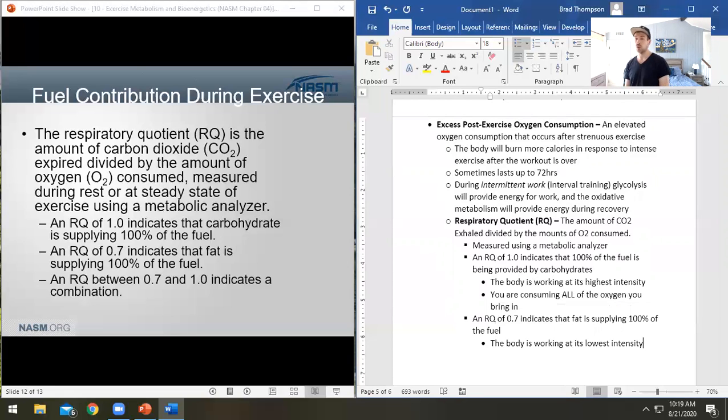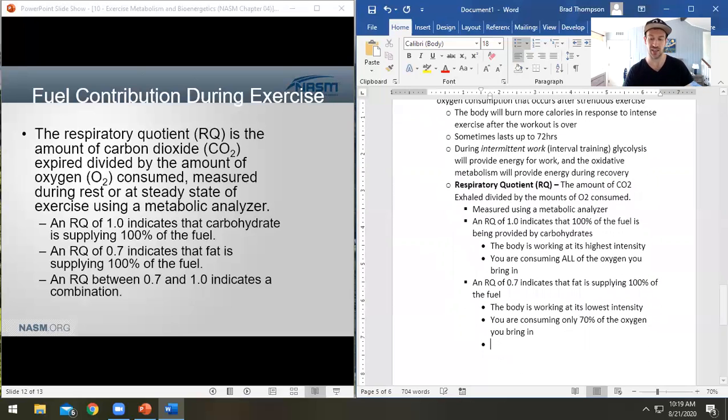So an RQ of 0.7, if you're doing 100% fat, just like Raul, you nailed it earlier, you are sleeping. That's your lowest intensity. So you are consuming only 0.7 or 70% of the oxygen you bring in. So not very much. A lot of that is getting exhaled.